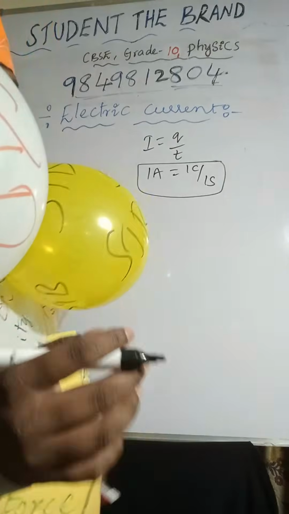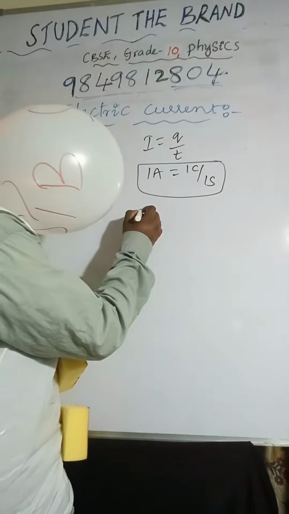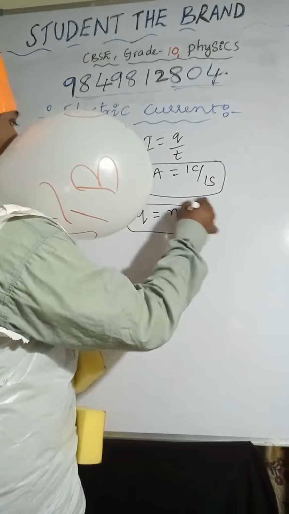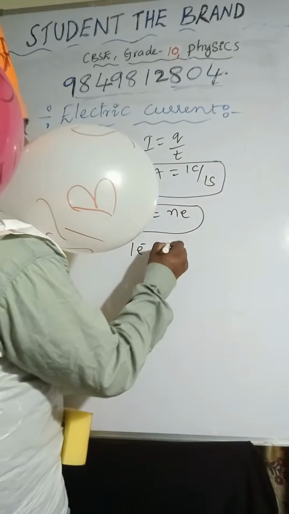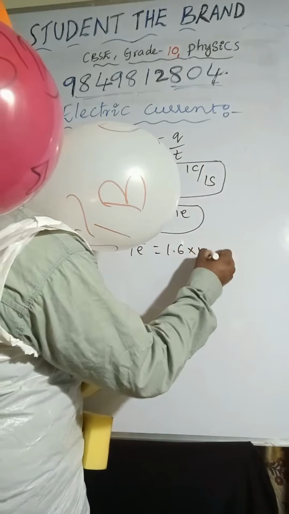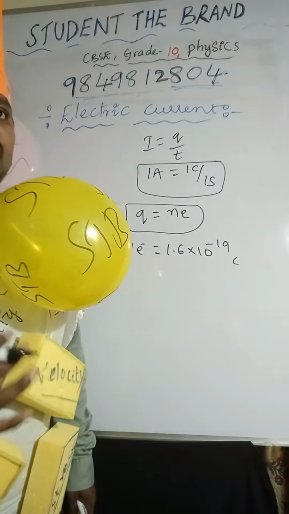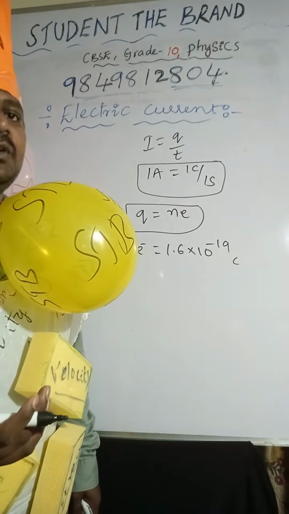And charge is quantized, that is, Q equal to Ne, where N is the number of electrons. One electron carries 1.6 into 10 power minus 19 coulomb.